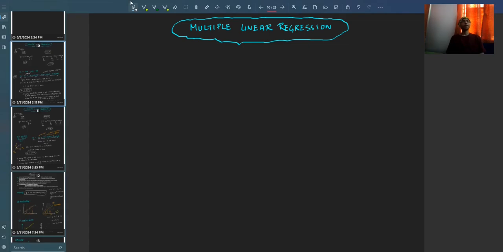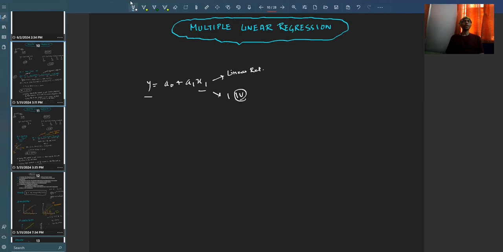So friends, let us first get a clear idea of what multiple linear regression is by comparing it with simple linear regression. So let's say we have an equation y is equal to a0 plus a1x1. Now friends, this has two characteristics. One is it's a linear relationship. x1 is linearly related to y, and the second thing is there is only one independent variable.